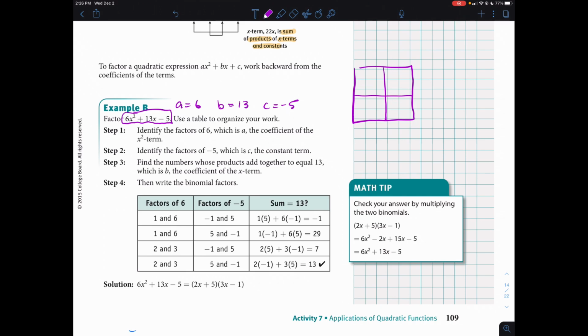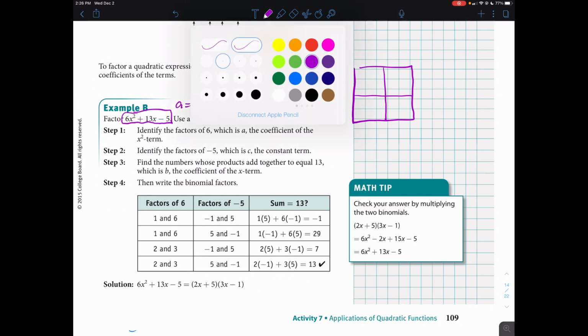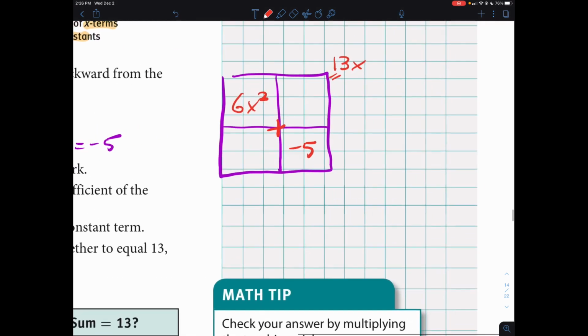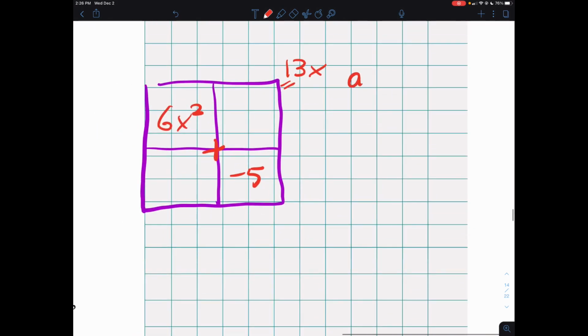Okay, so we make the box like we did yesterday. And I'm going to put my quadratic term first, my constant last, and these two in the middle should add up to the linear term. And I'm still going to make the ACB chart, A, C, and B. So A, it was 6, C is negative 5, and B is 13.